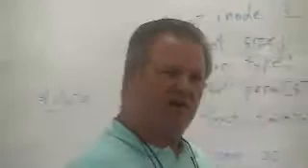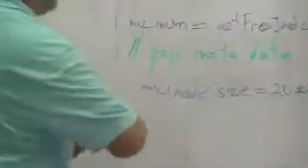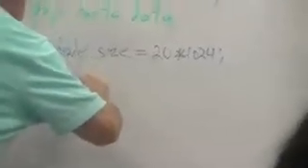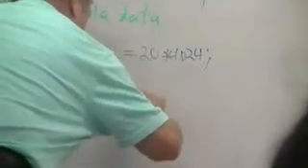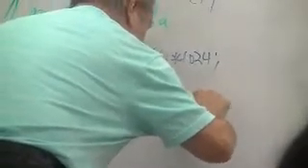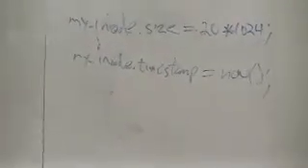Okay, it's a 20K file, and then I would say whatever, all the way down, and then finally, my inode dot timestamp gets, let's speculate that there's an operating system function called now. That gives me, right now, the timestamp. So now I've populated all of the metadata.